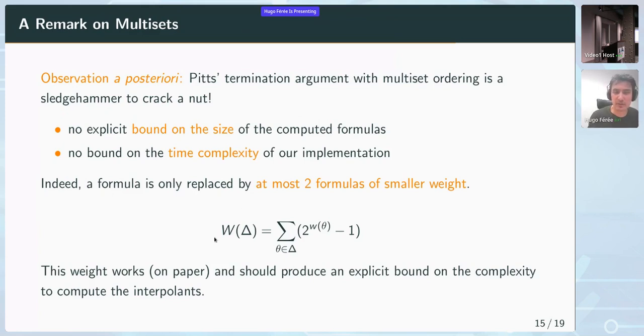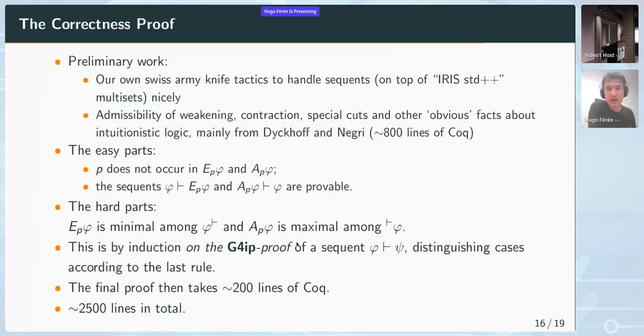And we realized that, because each formula in the construction is only replaced by two smaller formulas, we only make induction calls on at most two more formulas. Well, this weight function should work as well. So this is not formalized yet, but this weight function should also be compatible with the construction we made. And it should provide an explicit bound on the complexity of the formula we build, and on the time complexity of this whole construction.